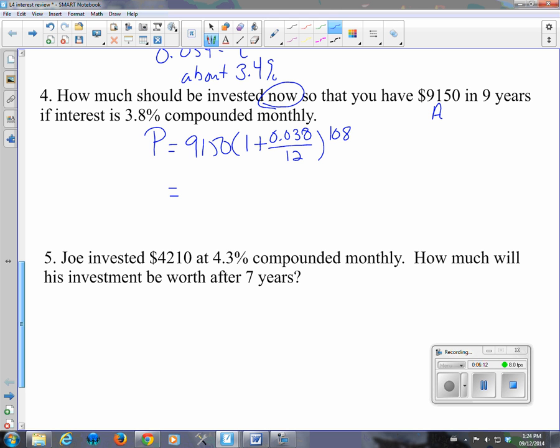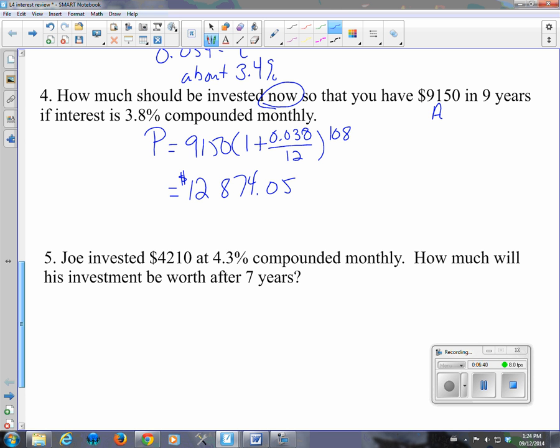So 0.038 divided by 12 is not going to be a real nice number. Long decimal, divide it and leave it in your calculator. Add the 1 to it. Do your exponent. And leave it all in your calculator to multiply by 9,150, so that we only round at the very end.